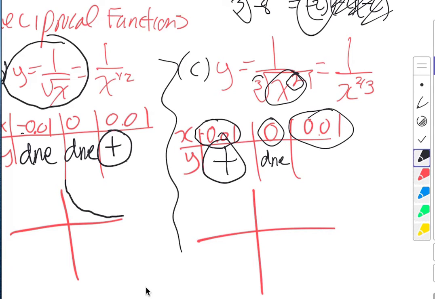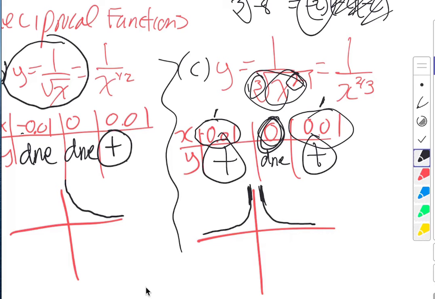The cube root of that is still pretty small. And then I've got a small number in the bottom going into 1. That's going to be a really big positive number. So we know that it's asymptotic because I can't divide by 0 here, but it's really high positive on the negative side, right? And a really high positive on the positive side. And then it goes like that.